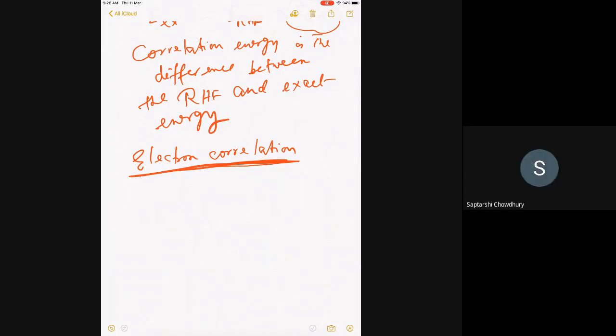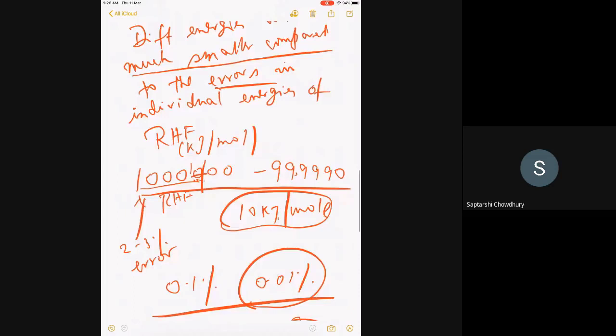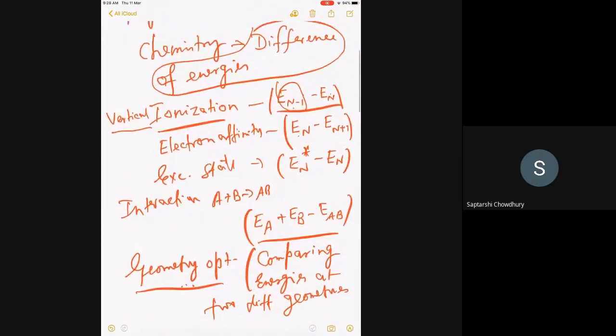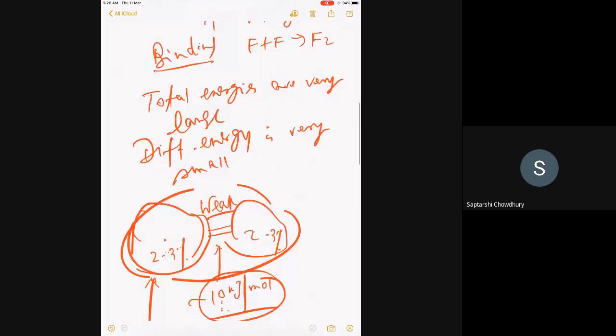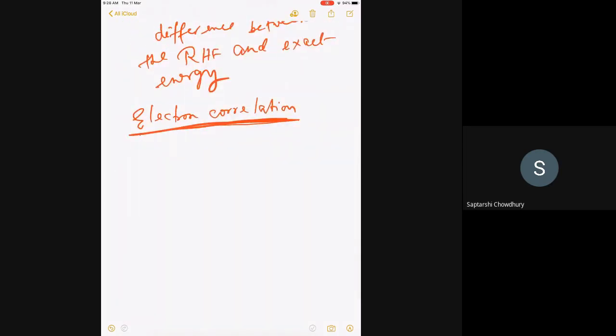Sir, this exact energy we are taking from experimental values? Yes, you can take it from experimental value. I will tell you theoretically which is exact a little later. Theoretically, what is exact depends on what basis set you are using.